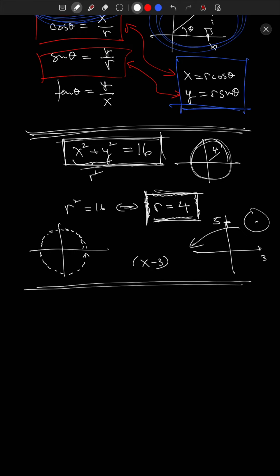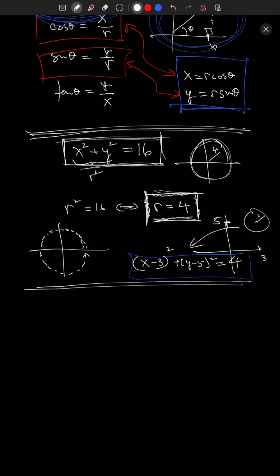So x minus 3 squared plus y minus 5 squared is equal to the radius squared. Let's say the radius is 2, so this is 4. So if you want to write this in polar coordinates, it's certainly going to be doable, but it's not necessarily going to look nice.